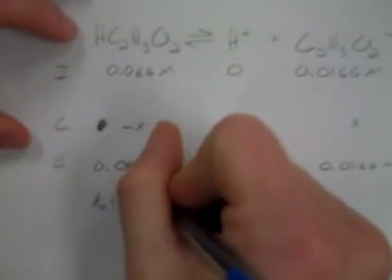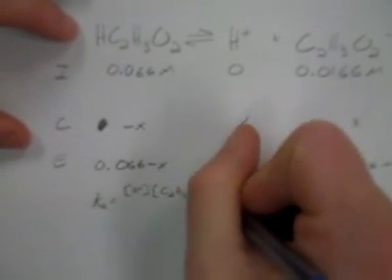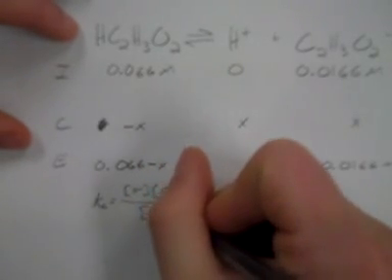To solve for X here, we're going to have to use our Ka equation. So Ka is equal to the concentration of the products over the concentration of the reactants.